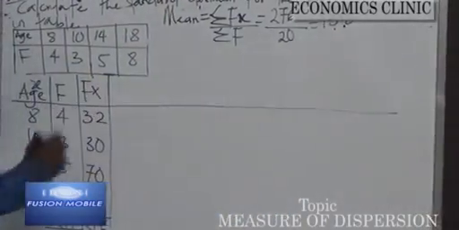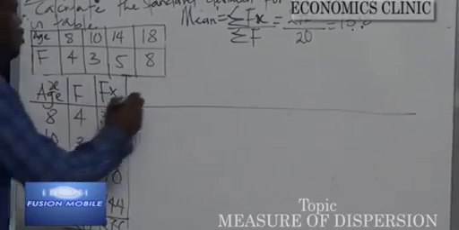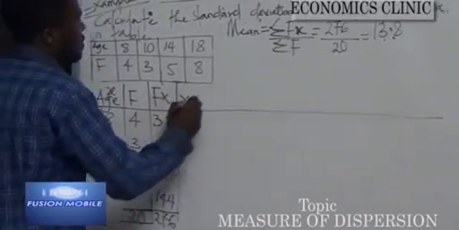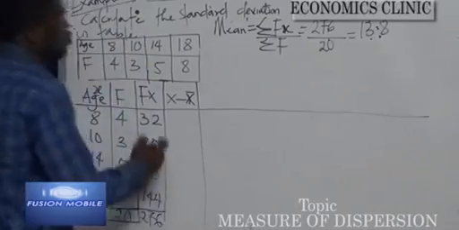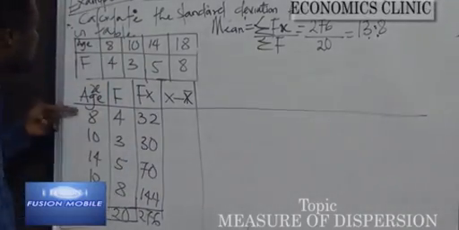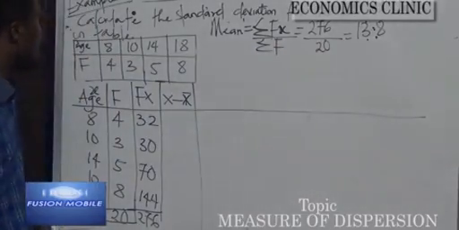Now the next thing to look for is to start solving for mean deviation. And to solve for mean deviation, we need to solve for x minus x bar. So what we do here is to pick the value of x and subtract the mean from it. And how do we do that?